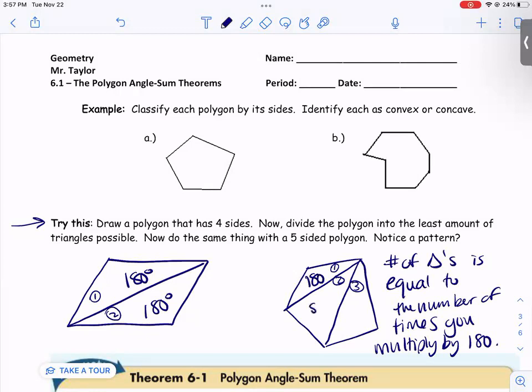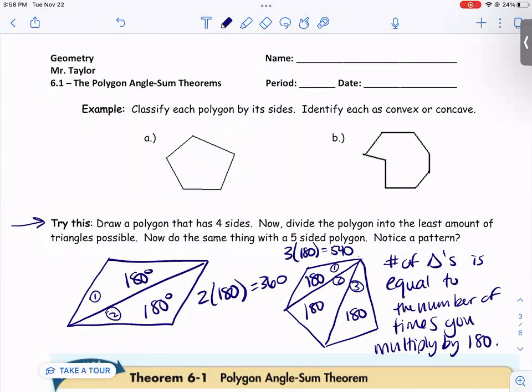And likewise in here, there's 180 degrees as well. So if you add up all the 180 degree measures together, you get the total angle sum of the interior angles in a polygon. So for a 4-sided shape, we have 2 times 180, which equals 360. And for a 5-sided shape, we have 3 times 180, which equals 540.